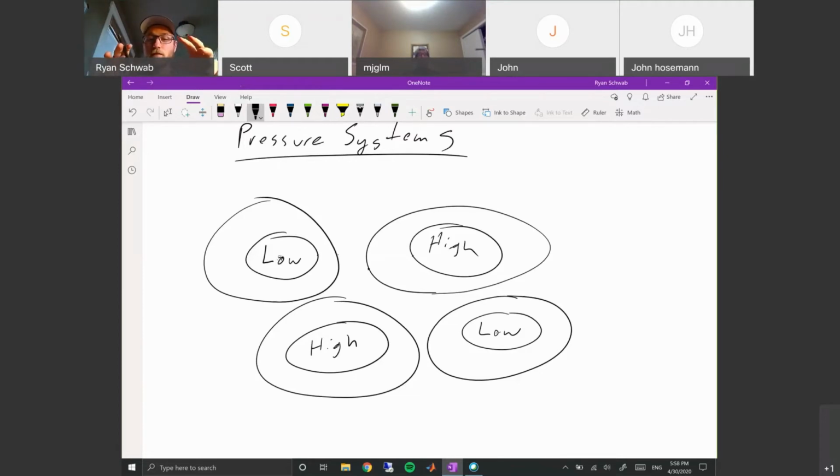This is kind of looking from space down onto Earth. Air is getting pushed down, which means that we have this clockwise rotation of the air along these isobars. Similarly, on the low pressure region, we now have thumb pointing up out of the page, fingers wrapping around counterclockwise. See this counterclockwise rotation.